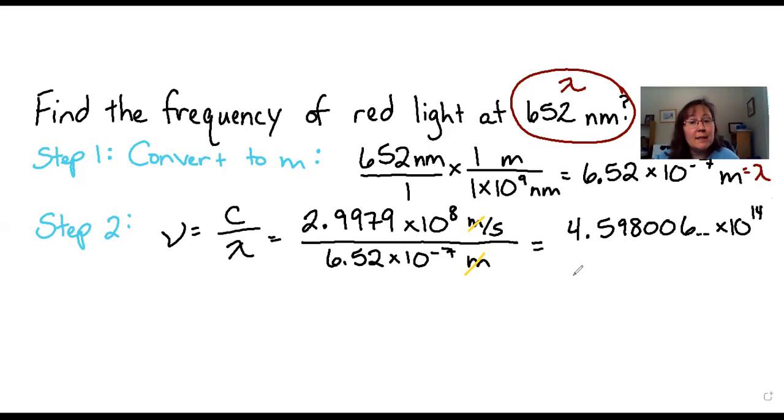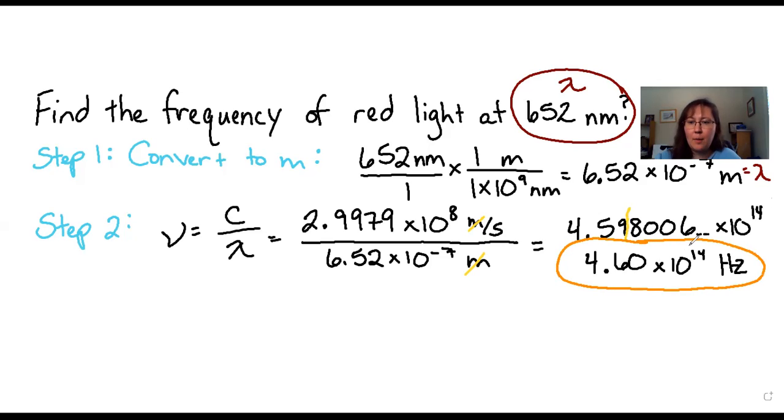But I can only have 3 significant figures. So the way we do this with 3 significant figures is 4.60, because the 8 will round this up, times 10 to the 14th hertz. And that's because seconds to the negative 1 is a hertz.